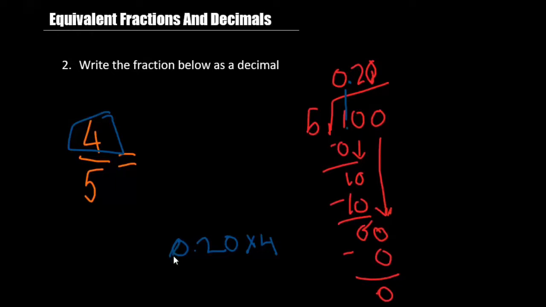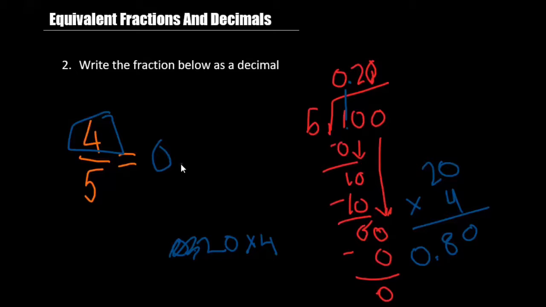You take away the 0 and the decimal point just for now, temporarily, and you just multiply 20 times 4. 4 times 0 is equal to 0. 4 times 2 is equal to 8. So 20 times 4 is equal to 80. Now you pop back the 0 and the decimal point. It comes back. So our answer would be 0.80. Let's go to the next question.